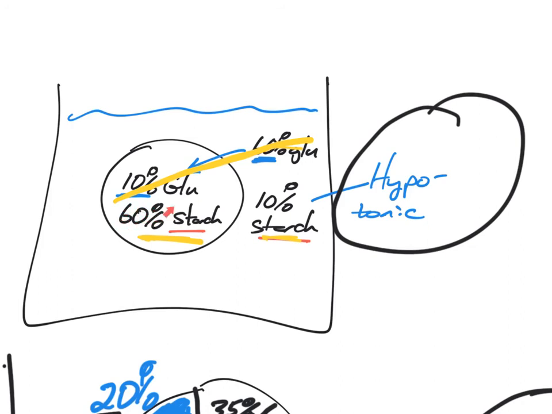Inside. If it's highest inside, the solute's highest inside and lowest outside, so what is it? Hypotonic. And when you have hypo, what direction does the water move? It moves into the cell. That's all you have to know. See how easy that is?